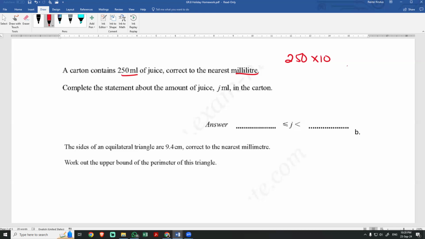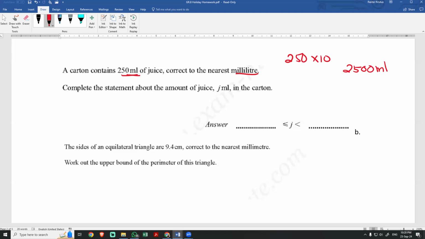So that will become 2,500. Okay, wait a minute, it's milliliter already. So milliliter and ml are the same thing, my bad.